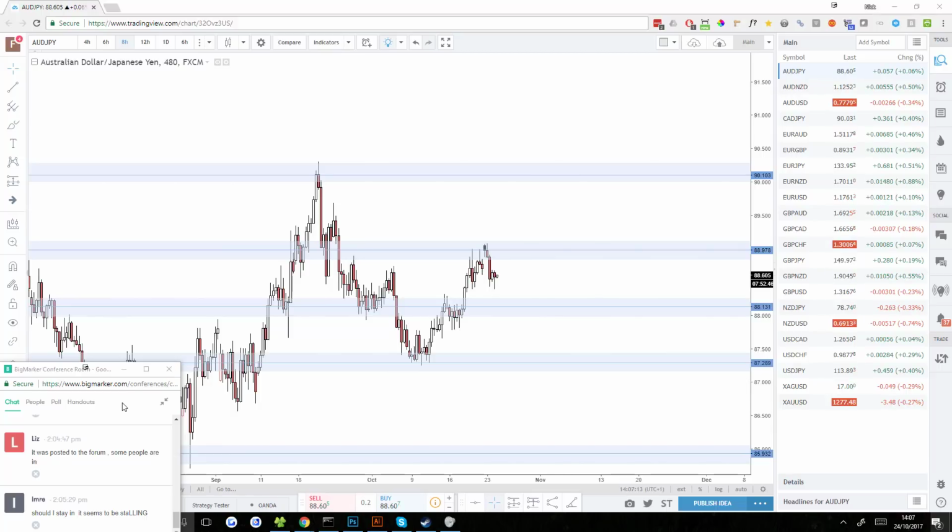So the question is, are you happy to hold this trade knowing that it's possible that it comes back up to here and then goes back down? Because that's very possible. It could come back up to resistance, test resistance, and then push back down. Or would you rather close out with the profit that you have? So I guess the question's up to you.